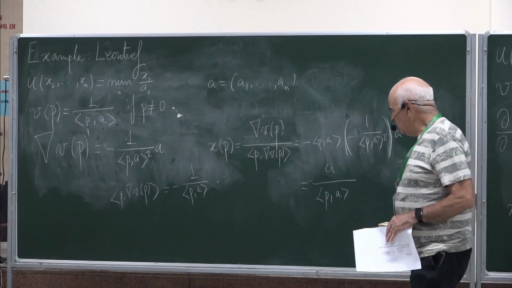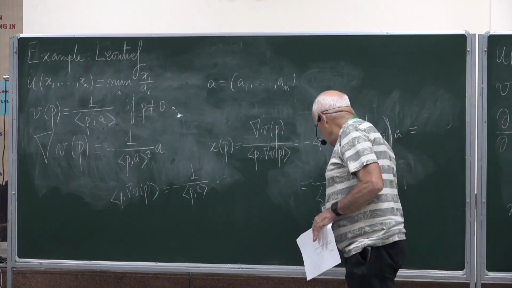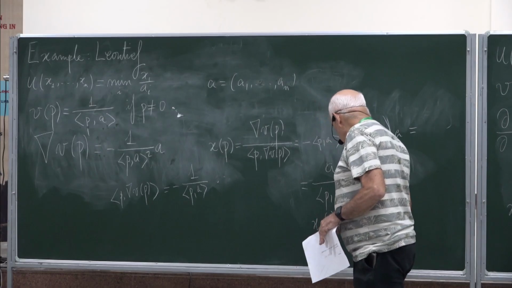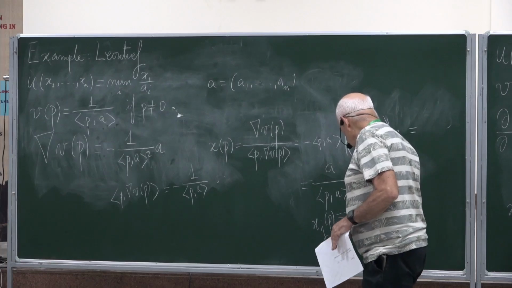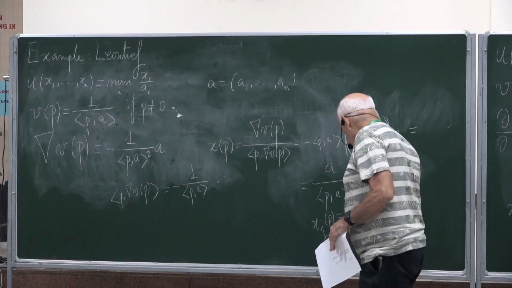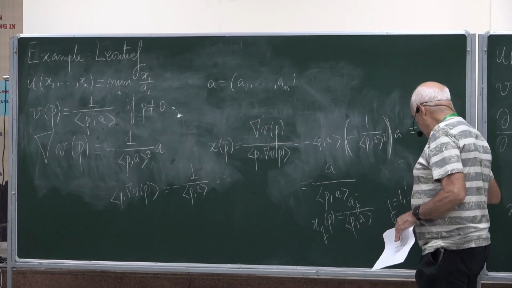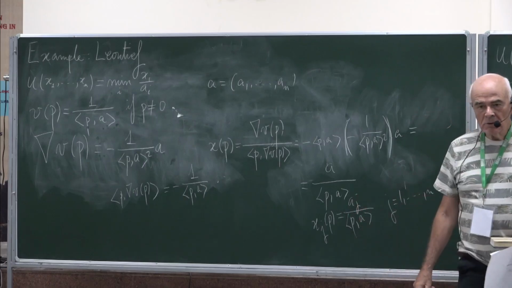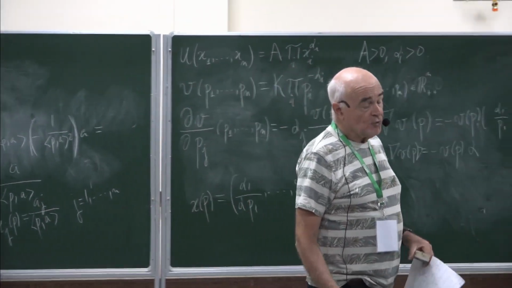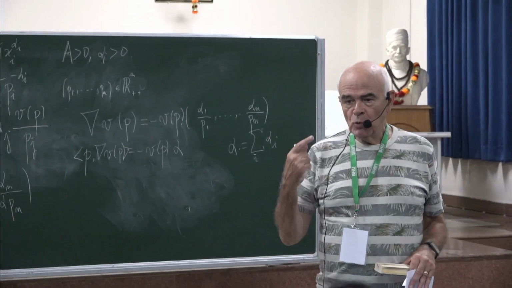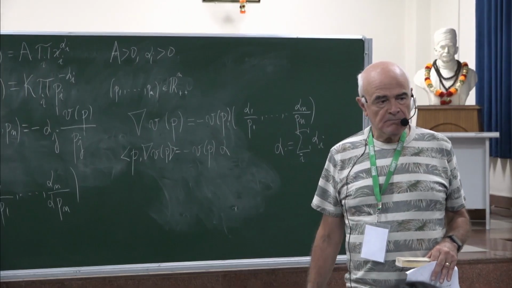So we found directly that the demand for good J is proportional to the amount of the ingredient J that you need to obtain 1 unit of your output, in the example.